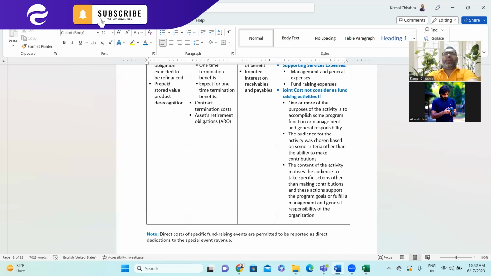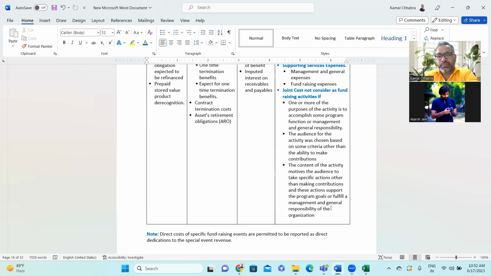So how to identify those and how to bifurcate them among the fundraising activity and non-fundraising activity, that we will be understanding. Joint cost is not considered as a fundraising activity if the following conditions exist. Maybe we'll understand more in detail, but at a high level, the first is when one or more of the purposes of the activity is to accomplish some program function or management and general responsibility.